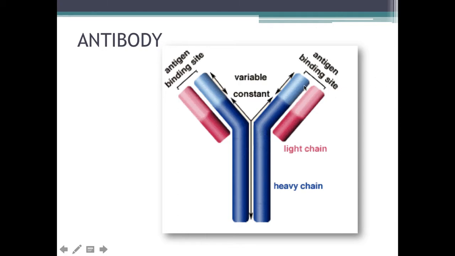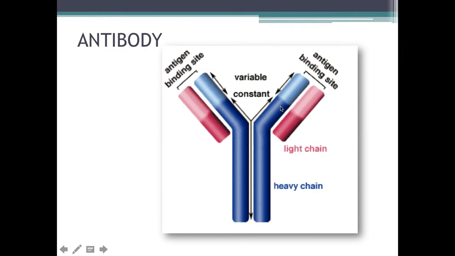This blue chain is your heavy chain, and this pink and red is your light chain. So there are two chains forming the antibody, the heavy chain and the light chain. And each heavy chain and light chain contains a constant region here.